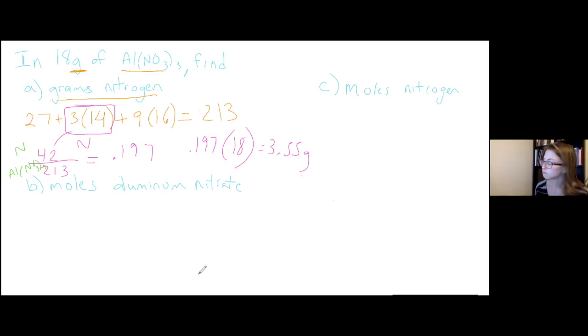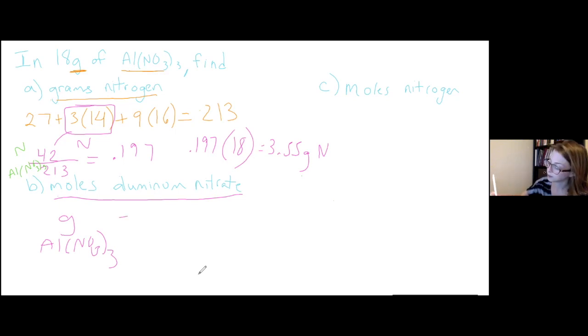Then it wants moles of aluminum nitrate. So if I want moles of aluminum nitrate, I better use the grams of aluminum nitrate. So I am not using my answer for A here, because my answer for A is grams of just, I should have labeled it, grams of just nitrogen.